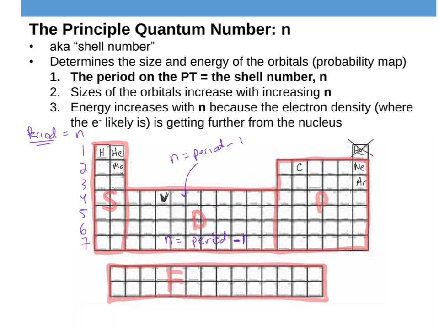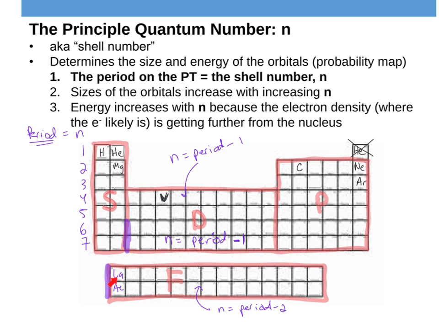Ditto for the F blocks. The F blocks, their principal quantum number is their period minus 2. So keep in mind that the lanthanides and actinides get inserted right here. When you're looking at your periodic table, and there are all kinds of different ways these are shown, that's where they usually insert them.